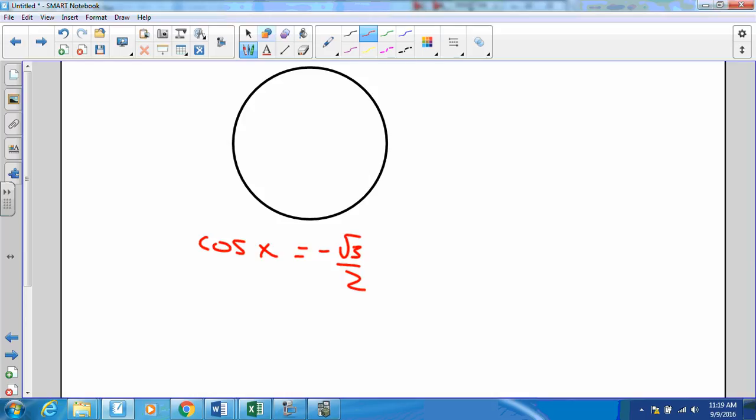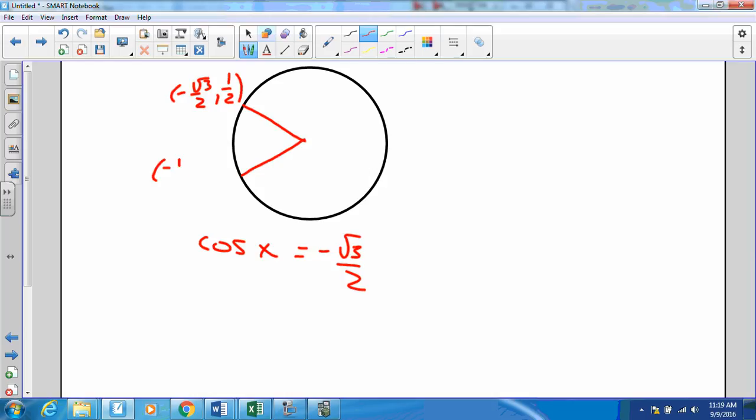And so I'm going to go to the angle such that the x-coordinate is negative root 3 over 2. And by the way, if the x-coordinate is negative root 3 over 2, then the y-coordinate would be either what or what? 1/2 and negative 1/2. 1/2 or negative 1/2, right. It wouldn't be 1/2 and negative 1/2 at the same time. Yeah.